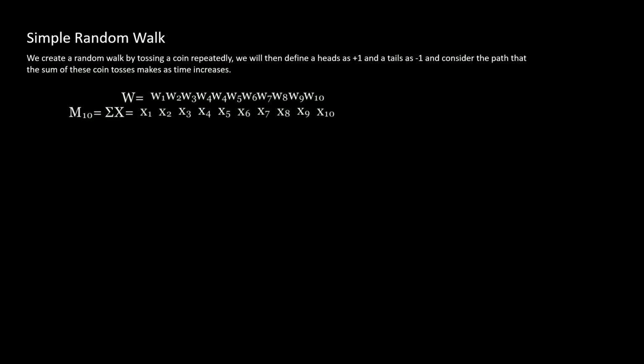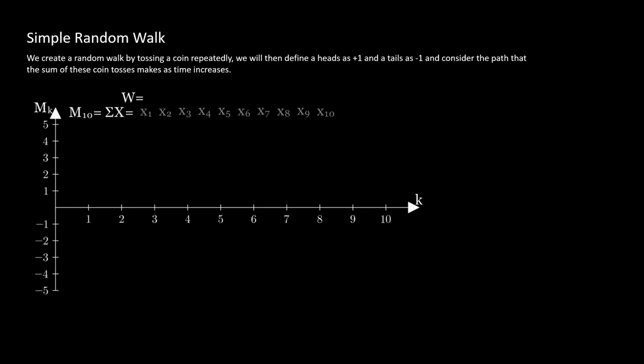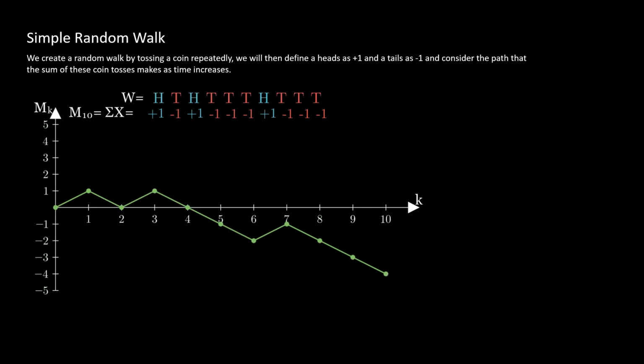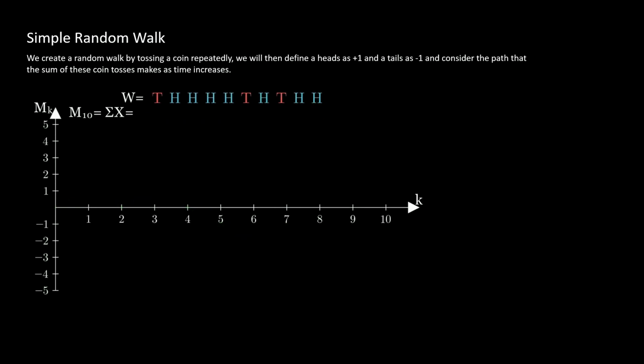So, we have a sequence of events, W1 to W10. We then define a random variable, X1 to X10, for each of these. And now we toss our coin, and we assign a value +1 or -1, and we graph the sum of these. That is all our simple random walk is.